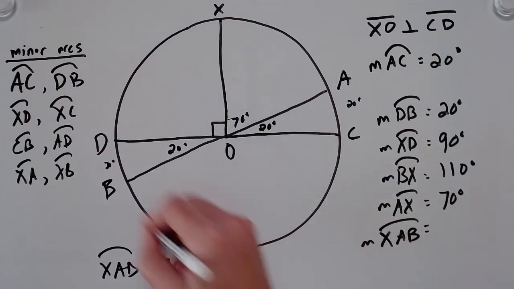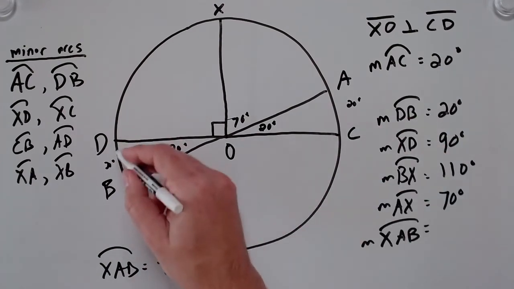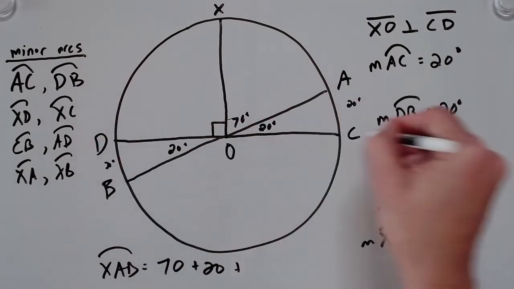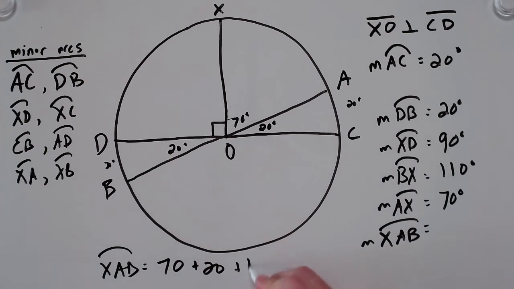And from C to B would be this 180, because DC is a diameter, minus 20. So it's 160. This is a B, I promise. So 70 plus 20 plus 160 is 250. 250 degrees. All right, let's clean this off and do one more example.